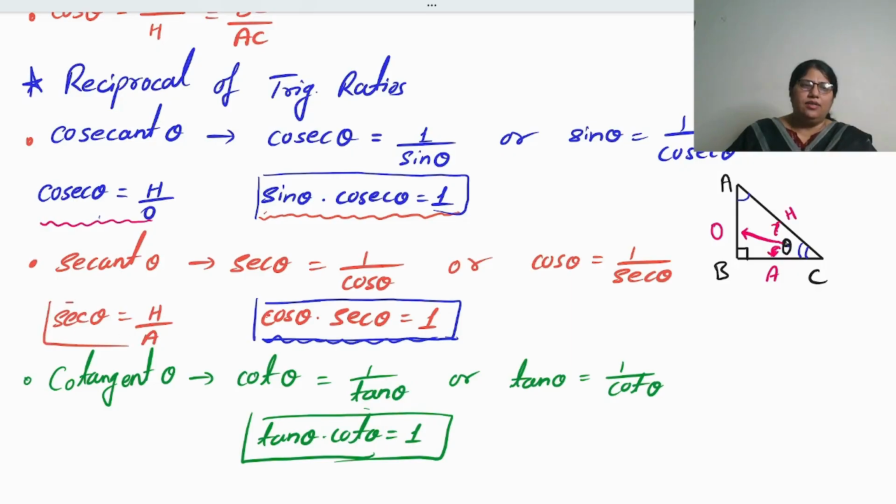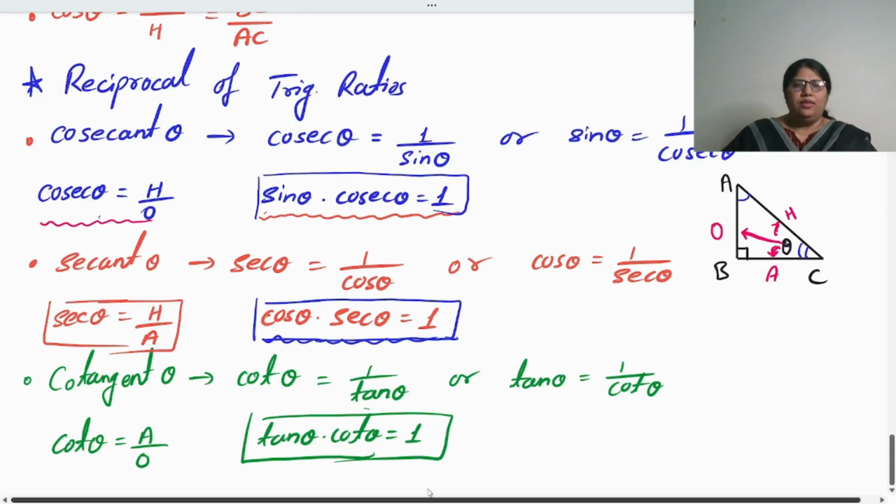This is your second result, right? Then similarly, cot theta is the reciprocal of tan theta, so in terms of ratio, cot theta is adjacent by opposite. So if you remember the basic three trigonometric ratios, you can derive these.